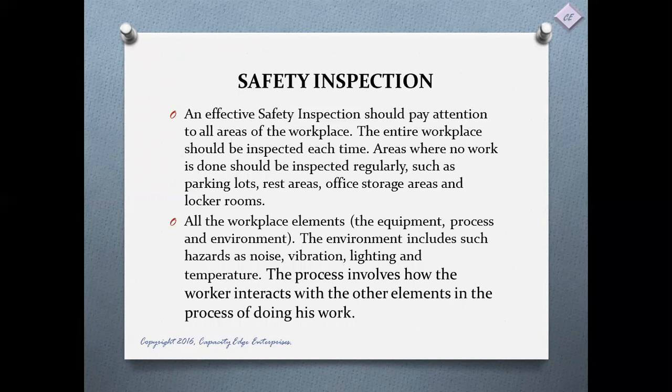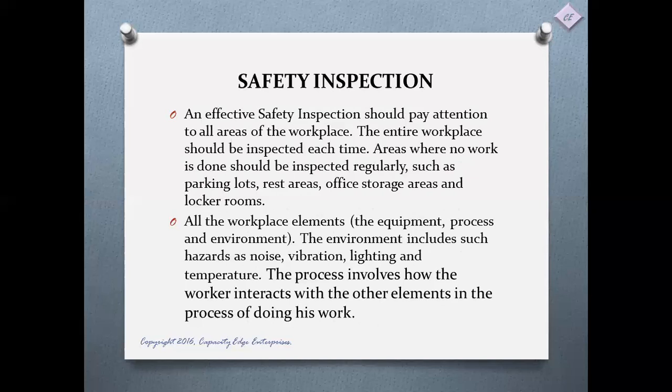So safety inspection should cover all areas of the workplace. So our focus should not be limited to where a lot of people work. So even where a lot of people don't work, like your storage area, where you don't have a lot of people, such area should also be inspected so that you don't have a situation where there are certain things being done in those areas that can compromise the safety of your workers.